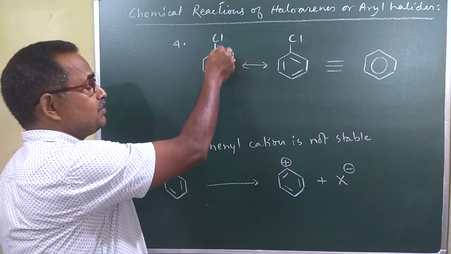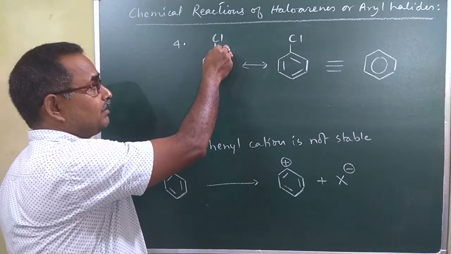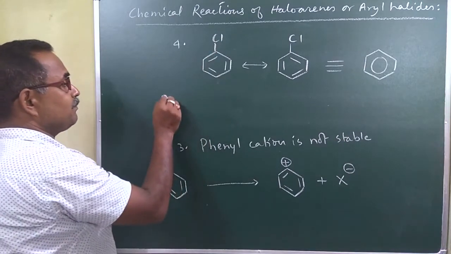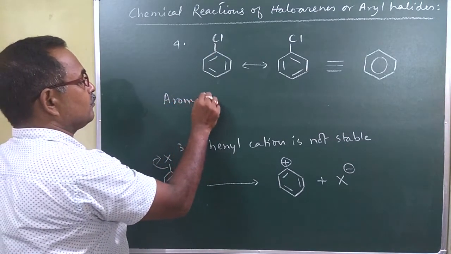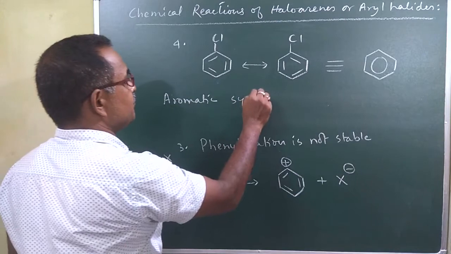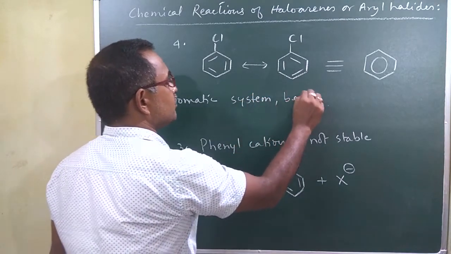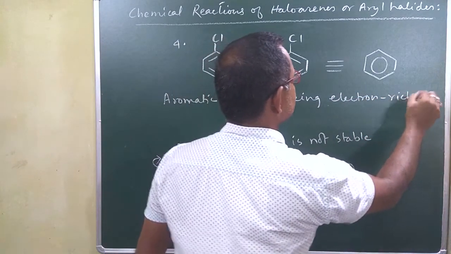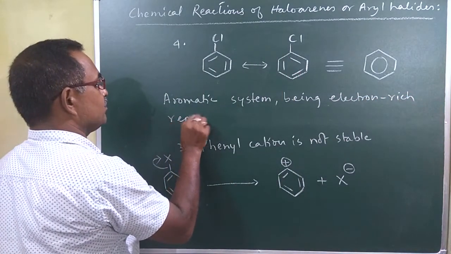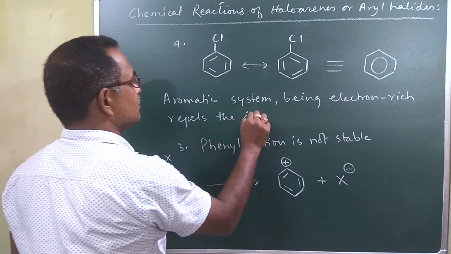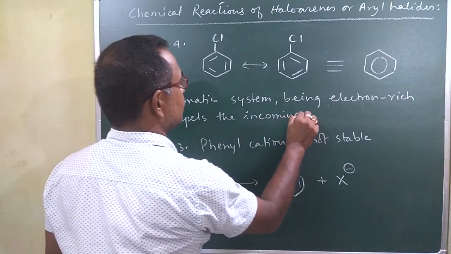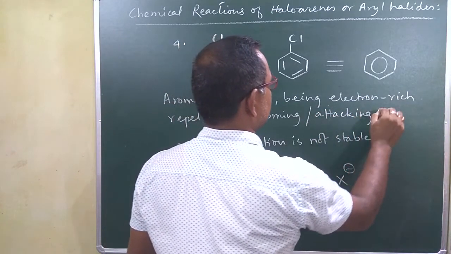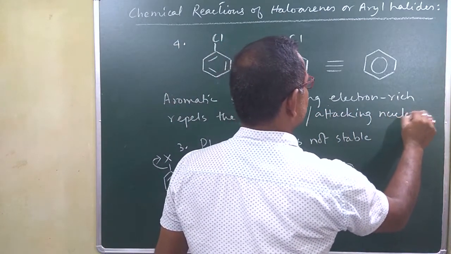The nucleophile will approach to attack this carbon. So the aromatic system, being electron rich, repels the incoming or attacking nucleophile.